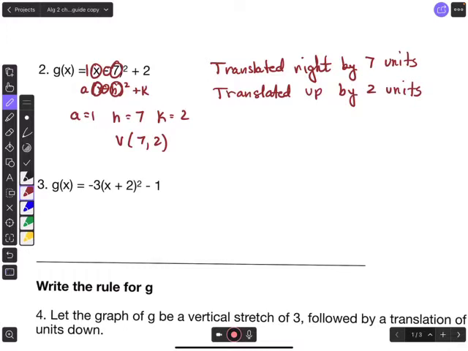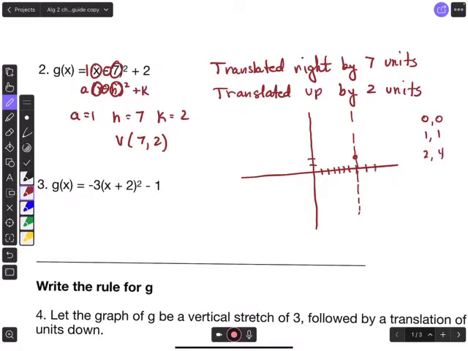If we want to pick out the graph for this thing, we should be able to make a sketch of it pretty quick. Vertex: 1, 2, 3, 4, 5, 6, 7, up 2. There's my vertex. The a value is 1, which means it looks just like the parent function. Remember that parent function has these points, 0, 0, 1, 1, 2, 4.